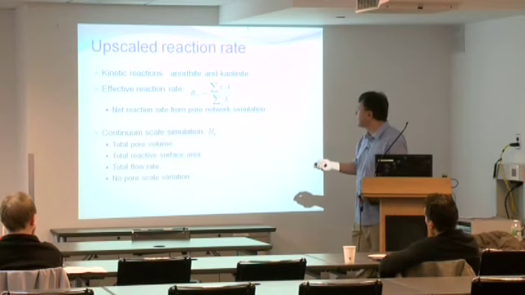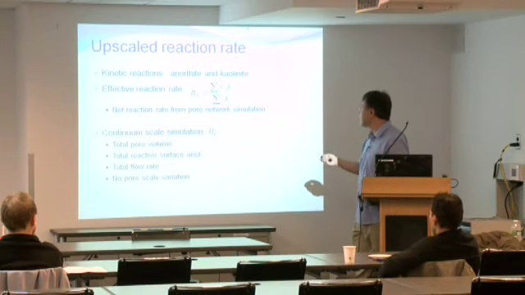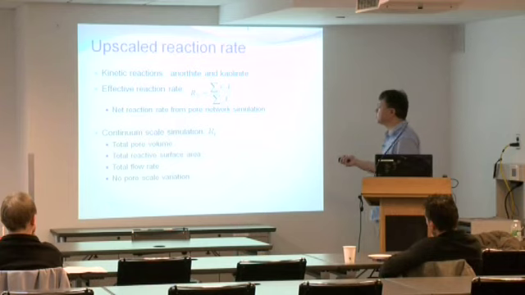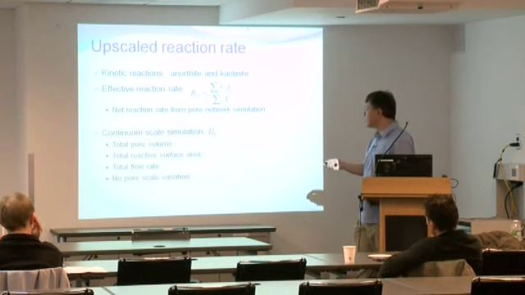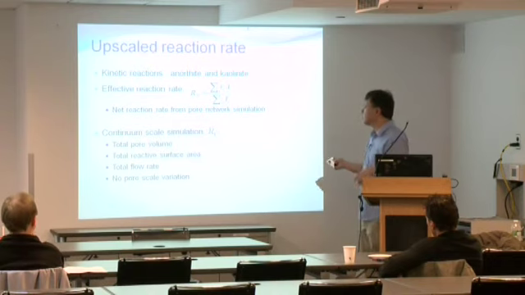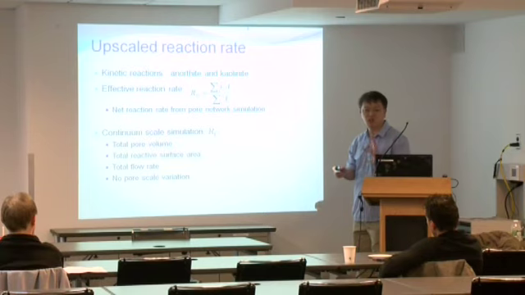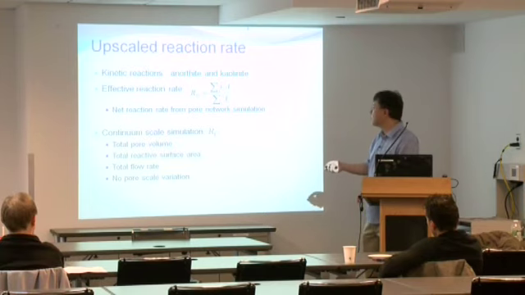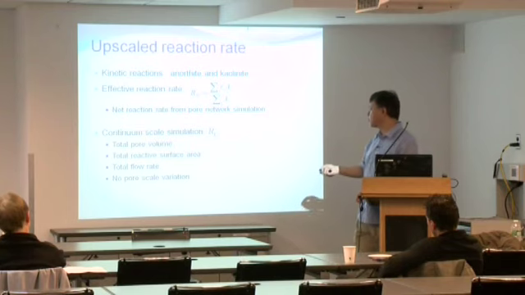And we use another upscaled reaction rate, R_C, reaction rate from a continuum scale simulation. This continuum scale is a much larger scale than pore scale. So in this continuum scale simulation, the pore network is just one grid, with the total pore volume and total reactive surface area and total flow rate.